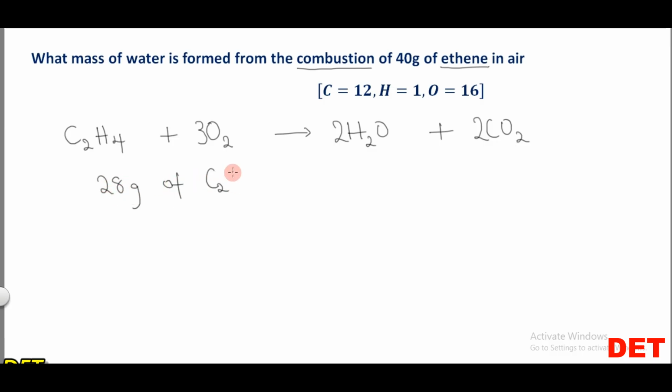So 28 grams of ethene, C2H4, would give me how many grams of water? I have 2 molecules of water here, 2H2O. So I'm going to calculate the relative molecular mass of this water.